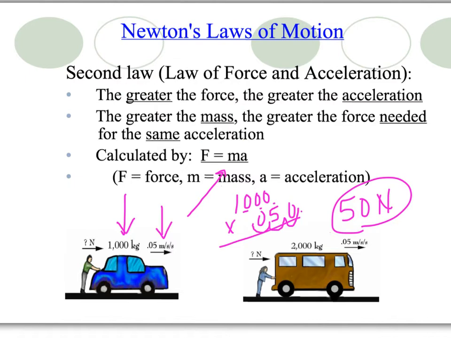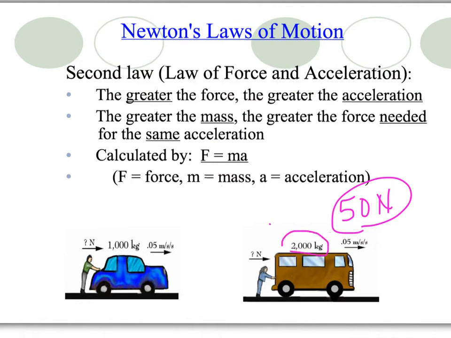Now, we've got a much larger car. How many newtons of force do you think it would take to get this van to accelerate at the same acceleration? You should note here that our mass is exactly doubled. So with that, what do you think would happen with our answer?